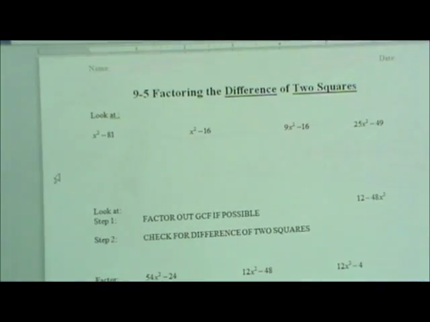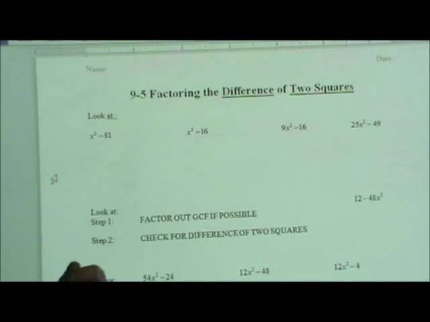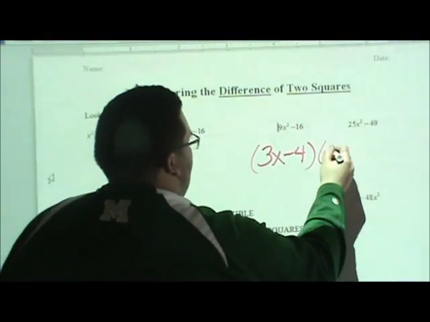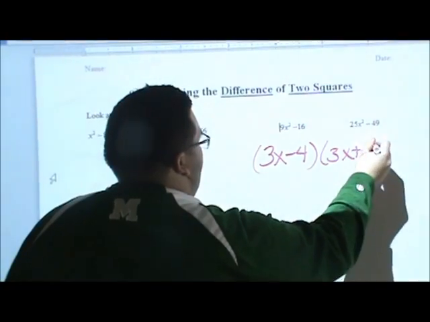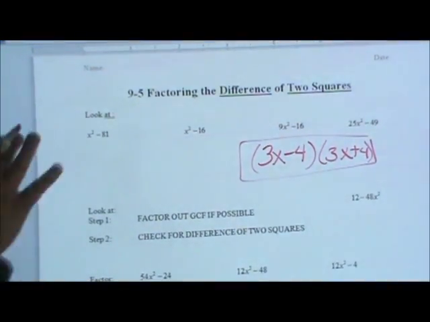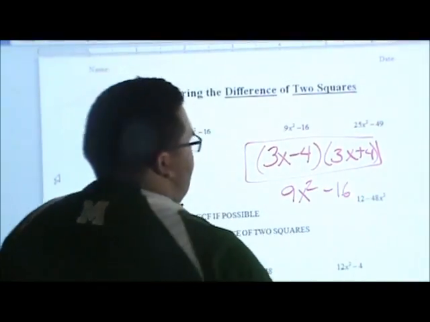So we look, 9x squared minus 16. 9x squared is a perfect square. The square root of that, 3x. 16, square root of that, 4. So we've got 3x minus 4, 3x plus 4 for our answer. And then if we check this out, we shortcut back, we're going to see 9x squared minus 16.